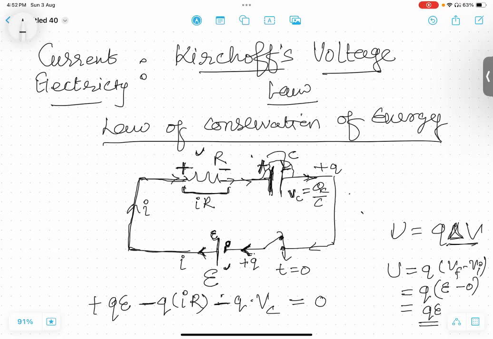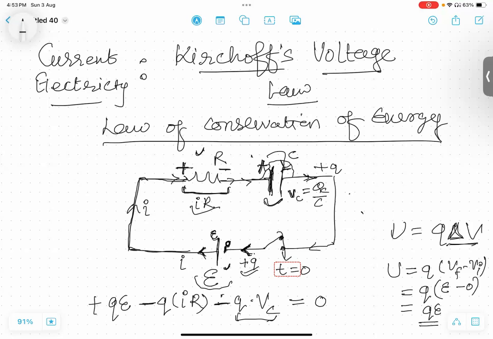Why? Because charge gained some energy from this battery. It lost that energy at IR, and some energy is stored in the capacitor in form of electrostatic potential energy, which is Q times Vc, right? So it's all about where the charge is getting the energy and where the charge is dissipating the energy, or where the charge is contributing the energy.